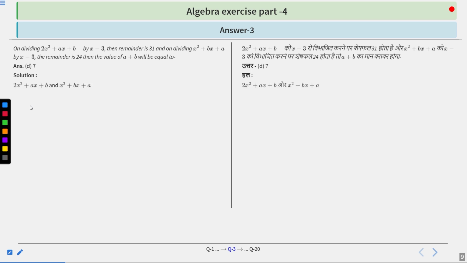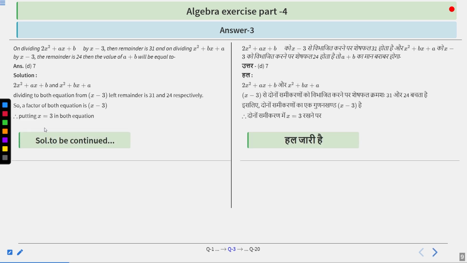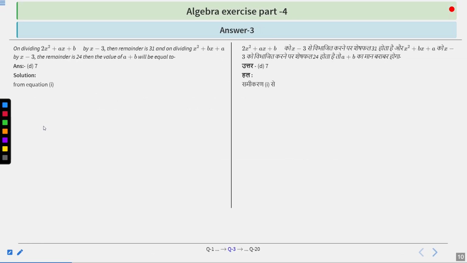So we have two equations, 2x square plus ax plus b, and next is x square plus bx plus a. Dividing both equations by x minus 3, the remainders left are 31 and 24 respectively. Therefore, putting x equal to 3 in both equations. From equation 1, 2 into 9 plus a into 3 plus b equal to 31.